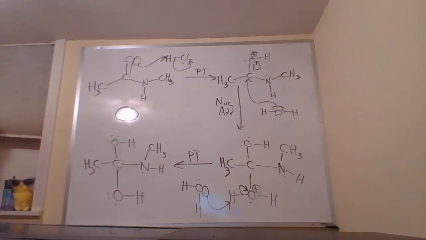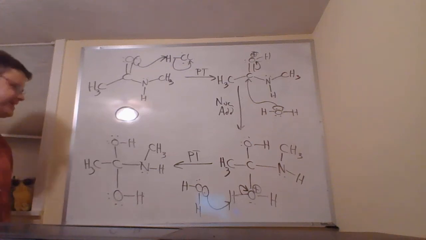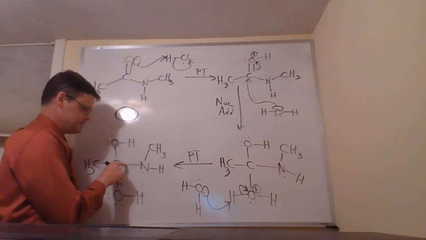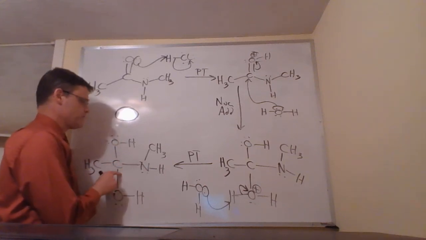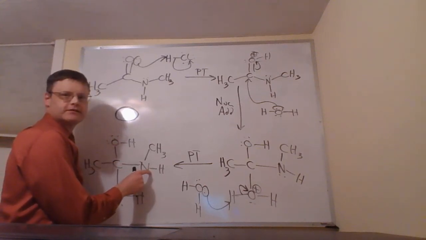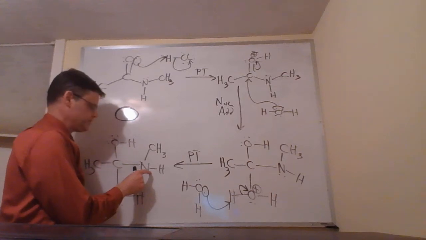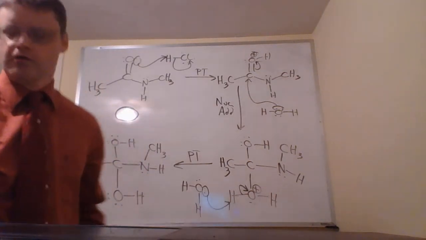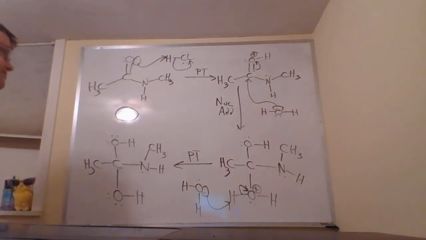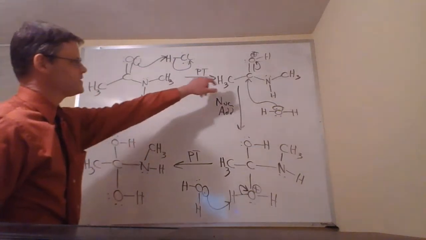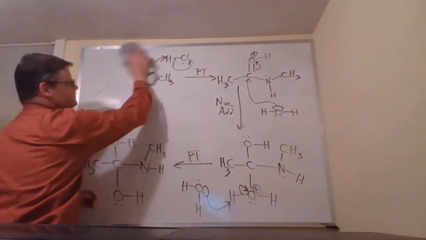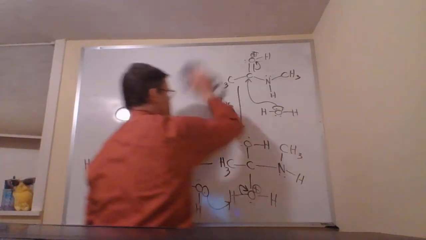And it's always good to remember at this point what's going on. We're doing a hydrolysis of an amide, so we're going to break this C-N bond. So we need to turn this into a good leaving group, and that's what I'm going to do now. Up to this point, we've done a proton transfer, nucleophilic addition, proton transfer.